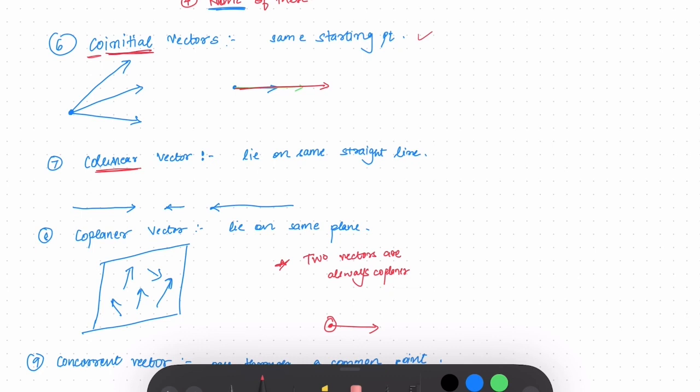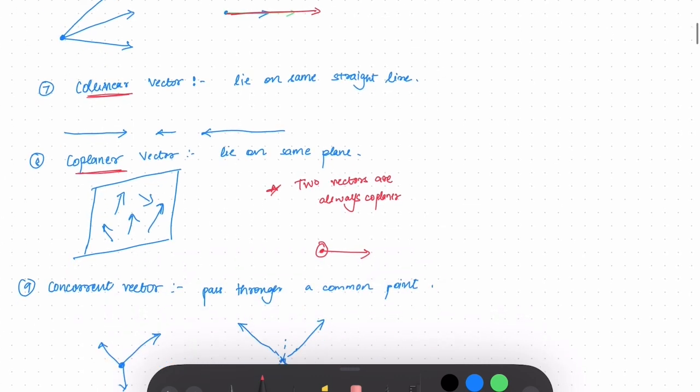Then we have coplanar vectors. Co means same, plane means a plane, like a wall is a plane, the floor is a plane. So coplanar vectors lie on the same plane. Two vectors are always coplanar. For example, you can always make a plane between two vectors. Say I've drawn one vector here, so this is in the plane of my screen.